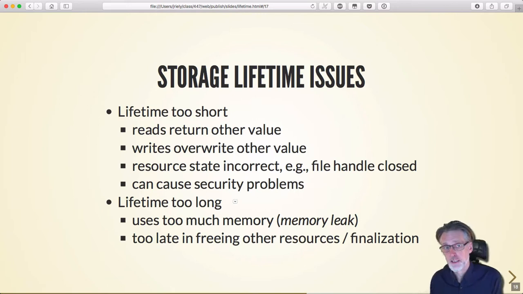The other issue is that we might have a lifetime too long, and I claim this is why I have to reboot my phone every so often. Actually, Apple now routinely reboots applications, so it just kicks them out of memory and then causes them to restart. And one of the reasons for that would be to stop memory leaks. So applications that are allocating memory without releasing it.